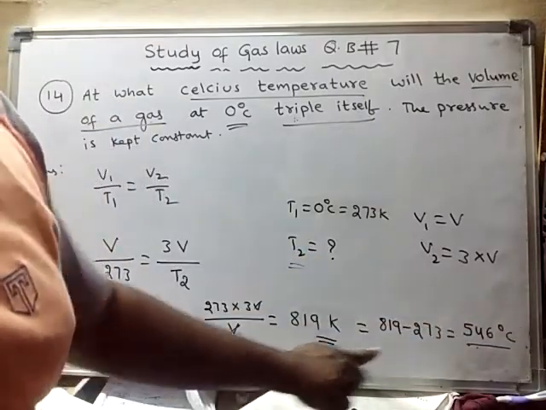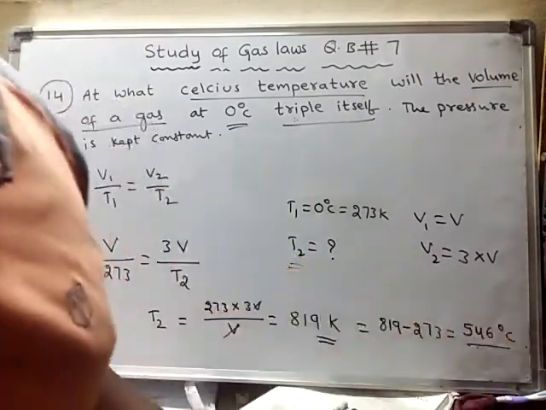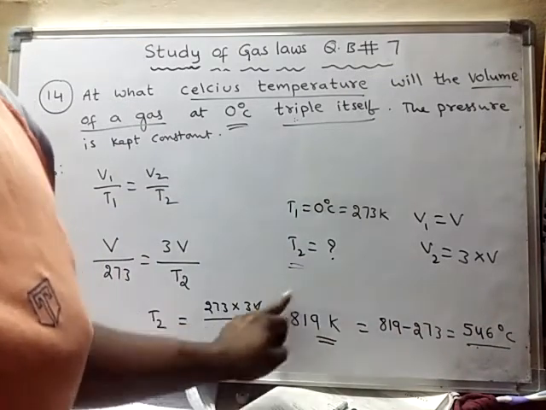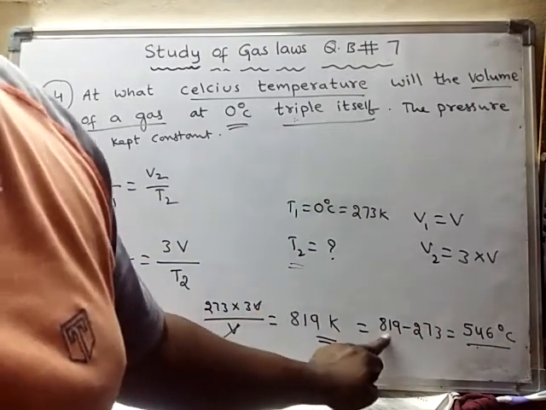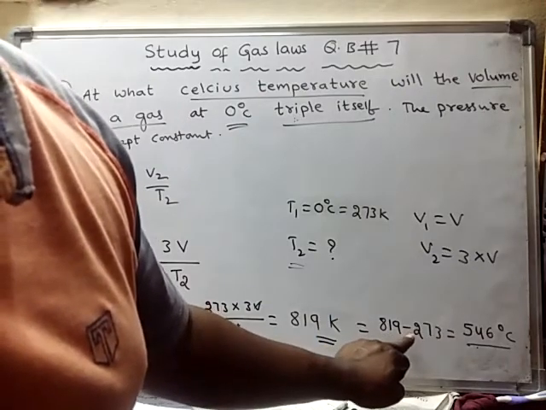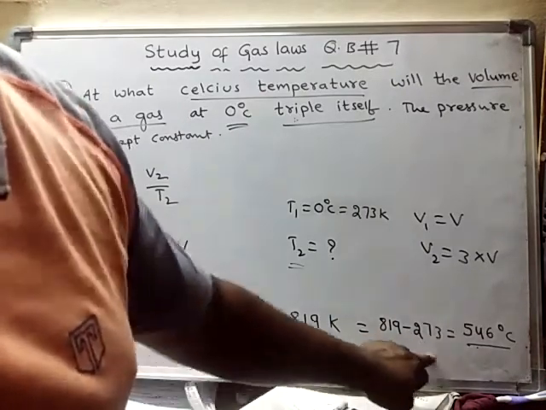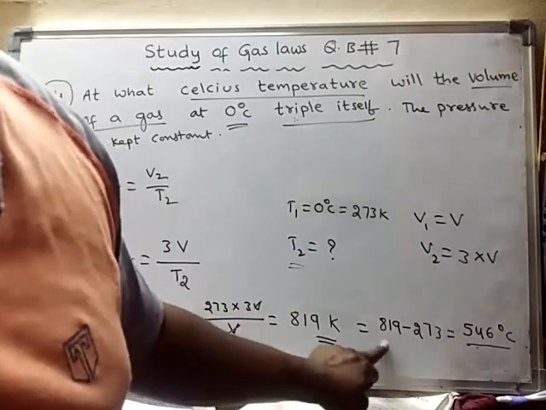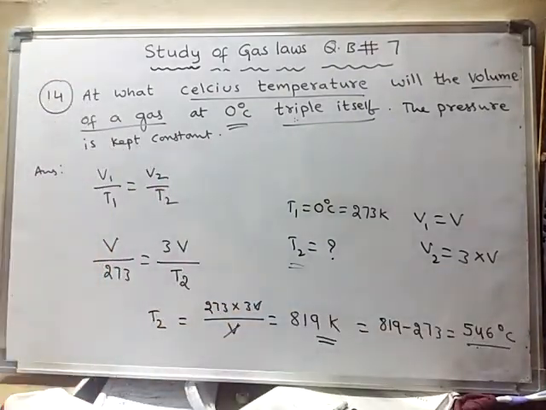Simply subtract 273 from this value, and you will get the final temperature at which the volume has become 3 times its initial volume. Here it is expressed in the centigrade scale, or Celsius temperature.